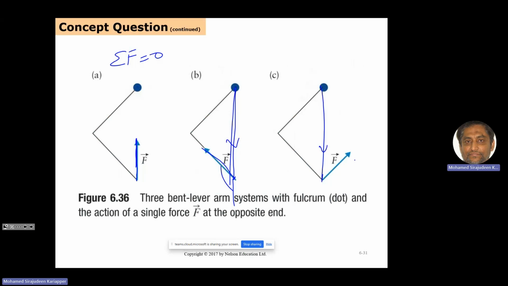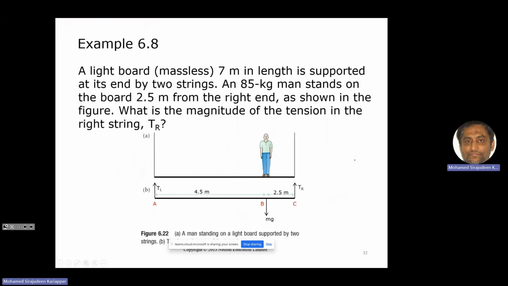I'm sorry, I didn't check it myself, but I thought I knew how to do it. Let's see. Anyway, this one: a light board, 4.5, 7 meters in length, is supported at its ends. I will go a little faster. So it is in equilibrium. So we need to apply net torque equal to 0 to find the tension on this rope, TR.